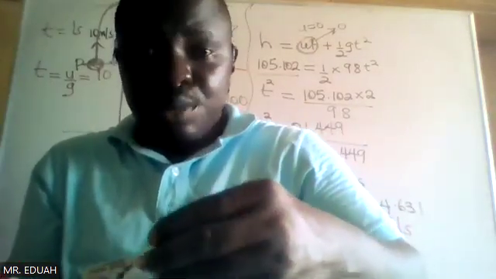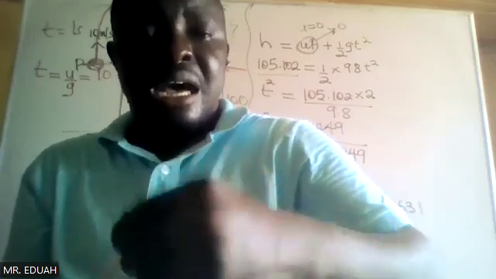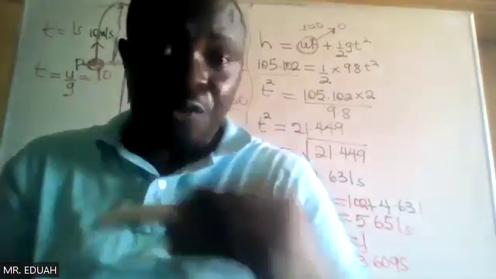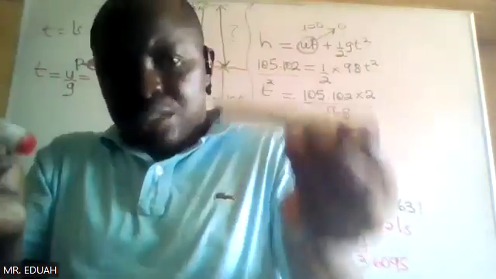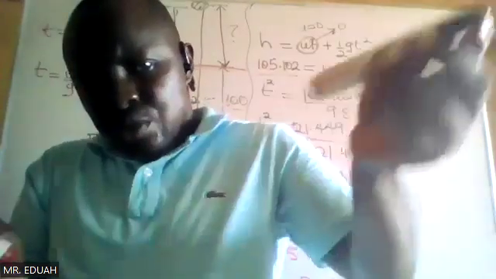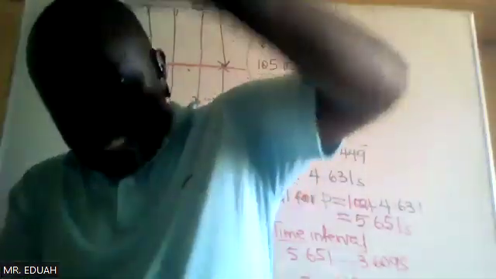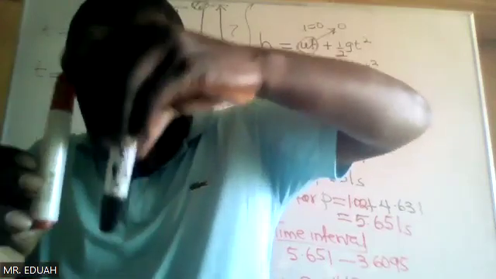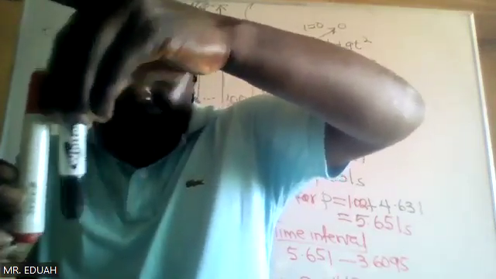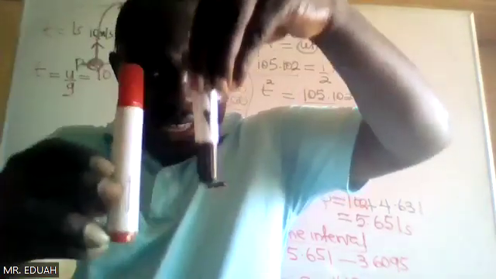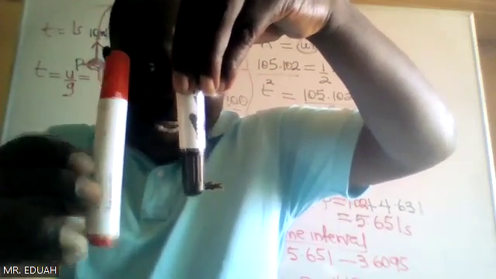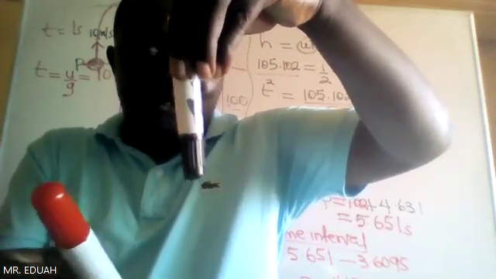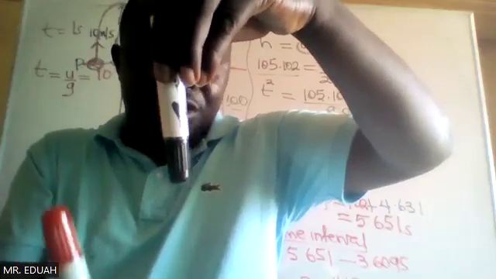So we are looking for the point where both particles will be equal in terms of height. And then you later look for the initial velocity of Q.